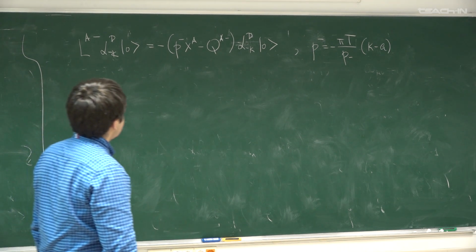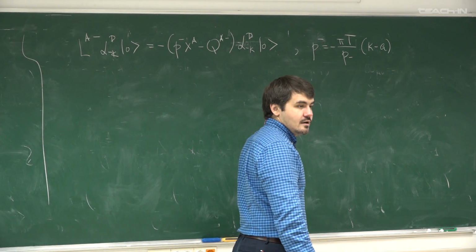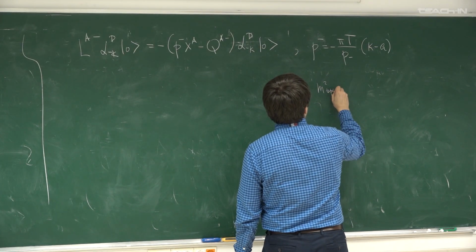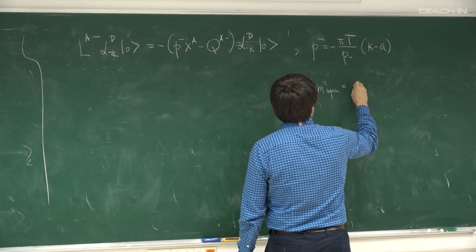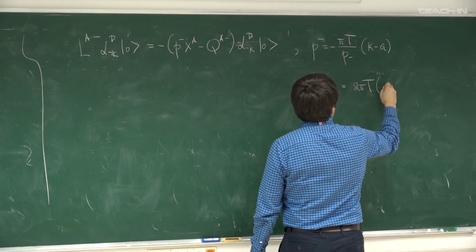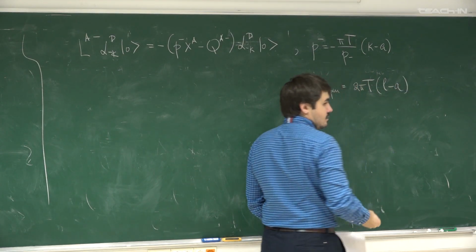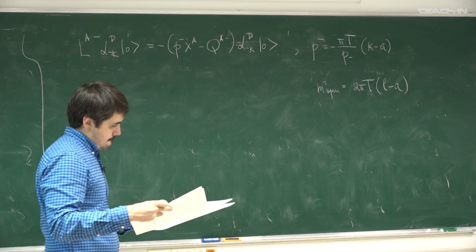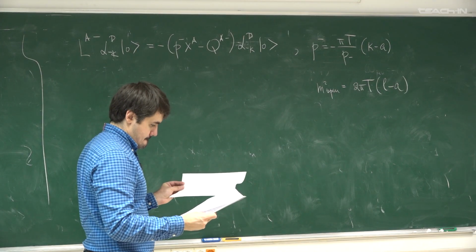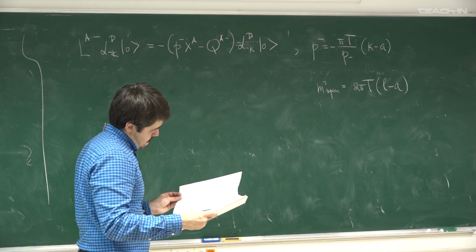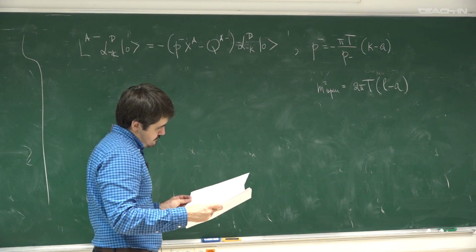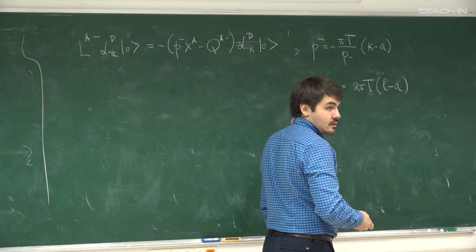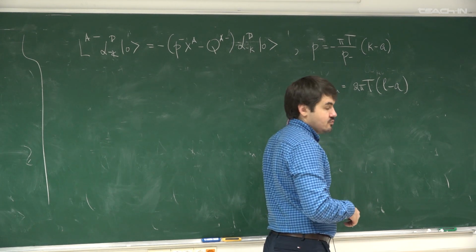By the way, I'm not sure I said what A is. In the formula for the mass, we had 2 pi t times L minus A. L is the level, the sum of these quadratic combinations of oscillators.